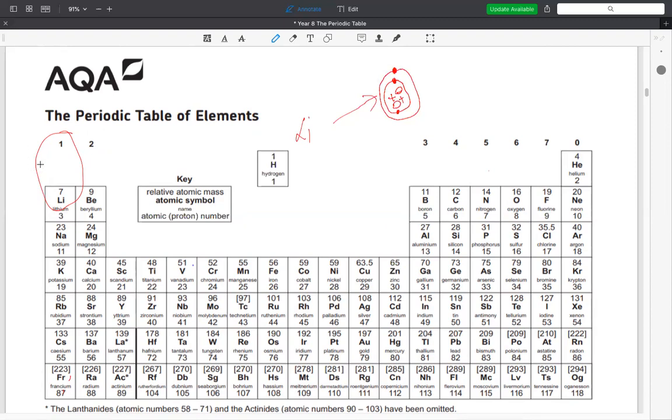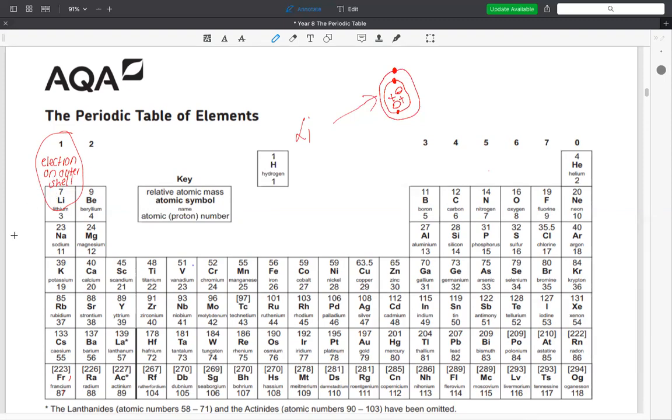And what I think might be useful, just until you understand the concept of this, is under group 1, or under where it says 1 on your periodic table, you can just write 1 electron on outer shell. So feel free to make a note of that in where your periodic table is to help you remember it.